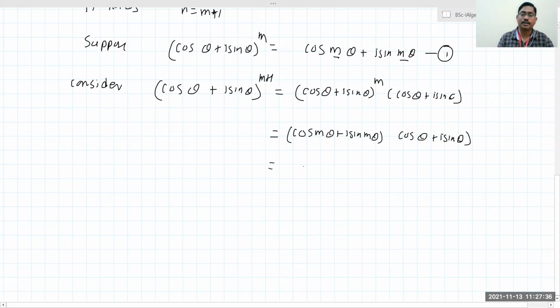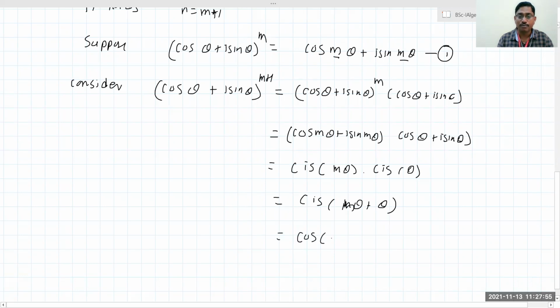I use the remark that this is cis of m theta, and this is cis of theta. So what is the product? It is cis of just the addition of these two angles, cis of m theta plus theta. So it means cos of m plus 1 theta plus i sin m plus 1 theta.